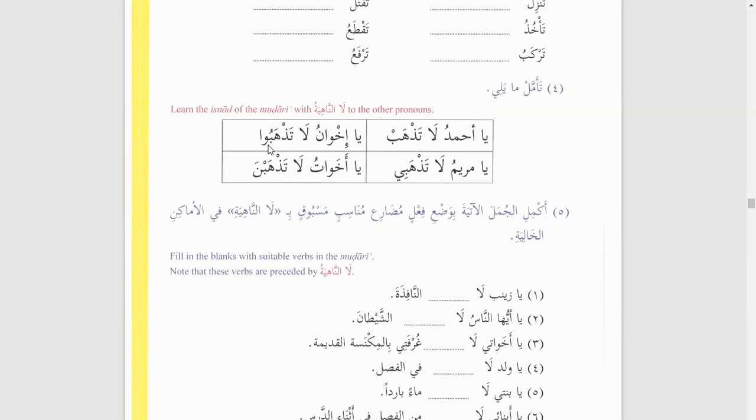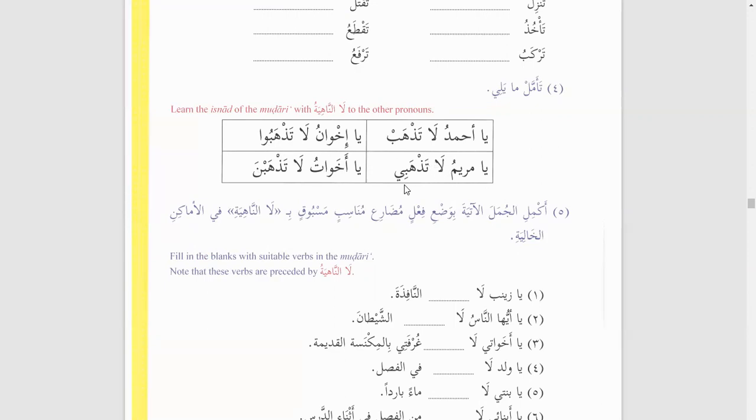It was basically tadhhabuna, and when we enter la an-nahiya, noon gets dropped and it is replaced with alif. So la tadhhabu, you all don't go. Ya Ahmadu la tadhhab, oh Ahmad, don't go. Ya ikhwanu la tadhhabu, oh brothers, don't go.